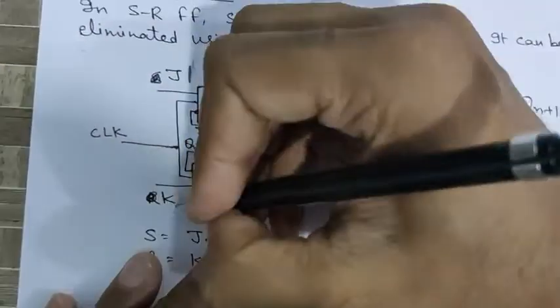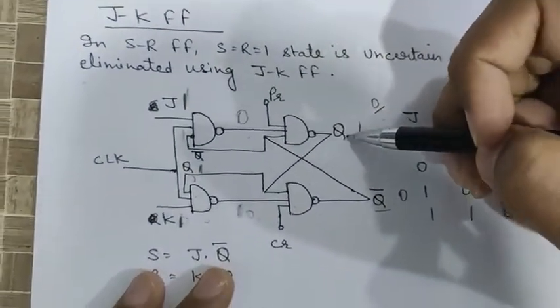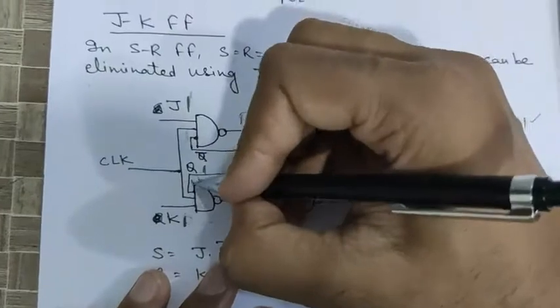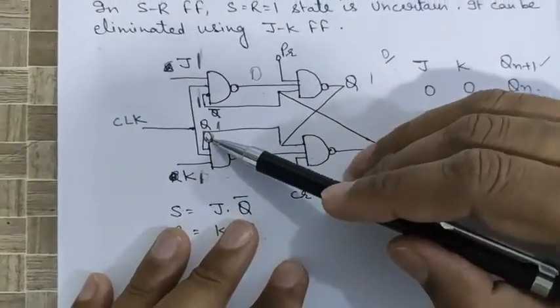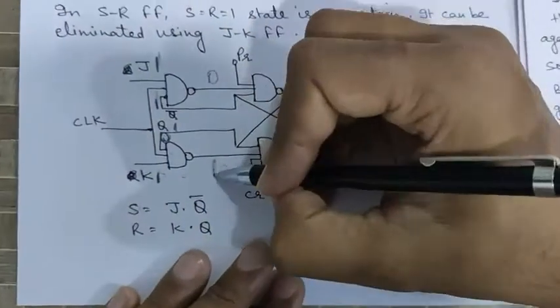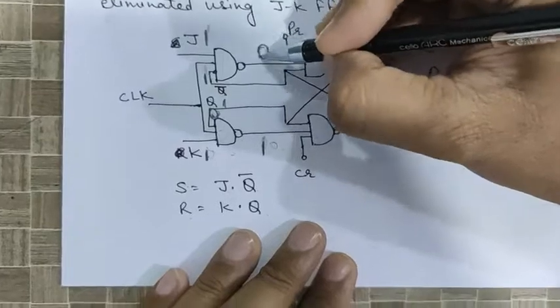So how will it work? This is 1, this is 1. Now it will not be depending on the value of J and K. So suppose the value of Q is 0, so it is acting here as 0 and Q bar will be 1. So as one of the inputs is 0, the output will be 1, and all the inputs are 1, so the output will be 0 here.